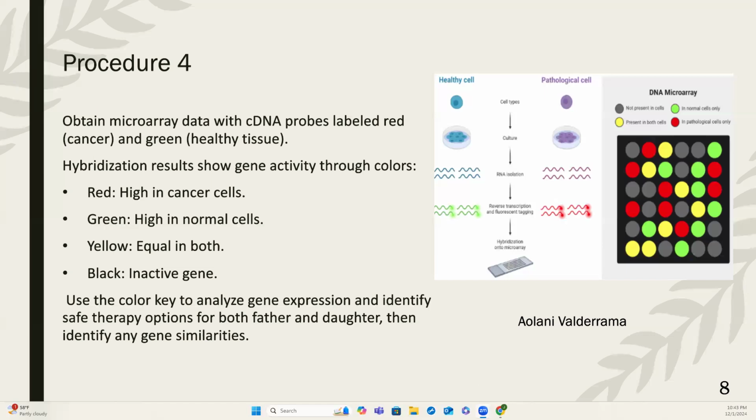Also, adding to this procedure, they're going to be comparing the microarray from a father and a daughter, and they're going to identify similar genes that they share, whether that gene has cancer or is normal or equal in both.